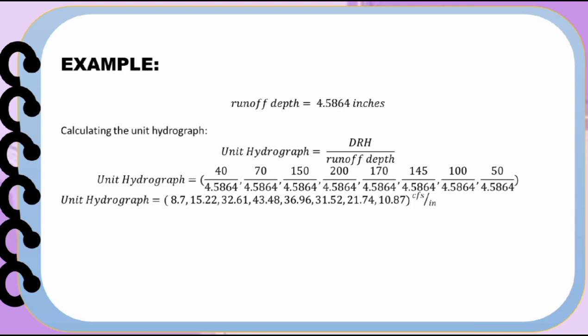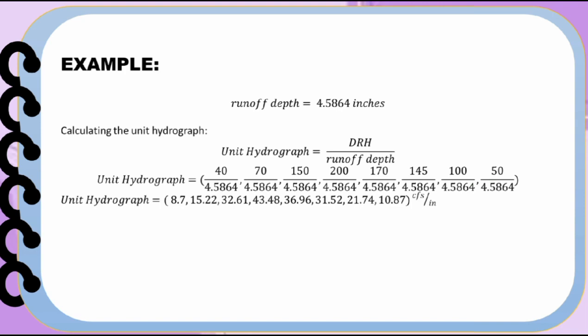So we now have the unit hydrograph equal to 40 over 4.5864, 70 over 4.5864, 150 over 4.5864, and so on. Then we simplify it into simplest form.